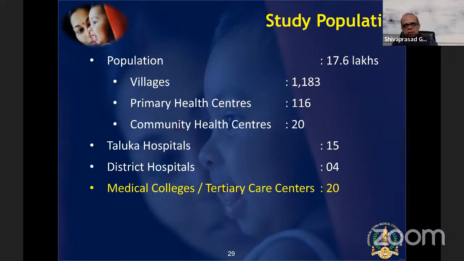And we work across a spectrum of primary healthcare to tertiary healthcare, including the sub-district hospitals and district hospitals. So if I go to a funding agency and say, this is the population available to me, they can pretty much understand that you can target the intervention across the spectrum of healthcare services.